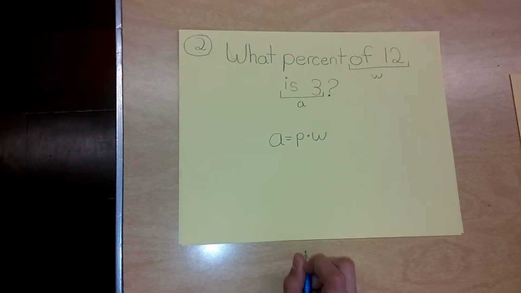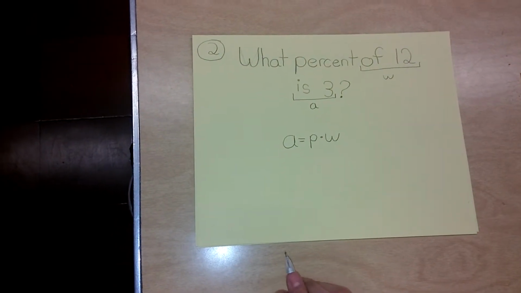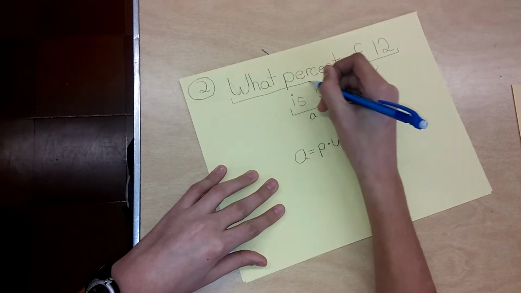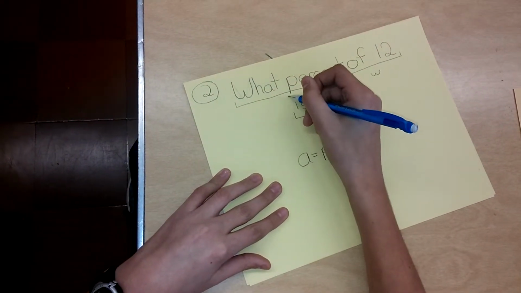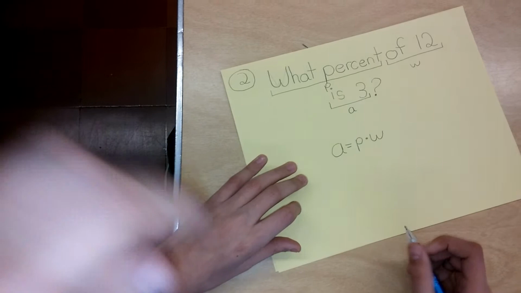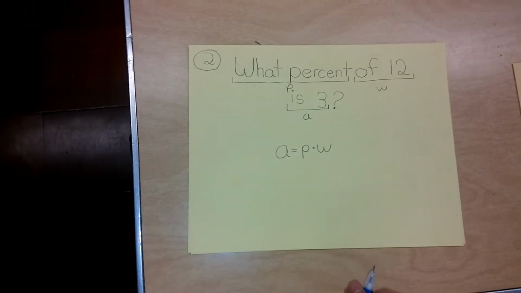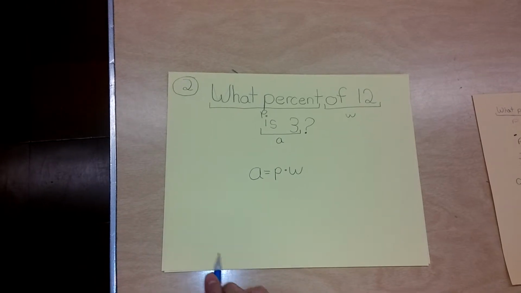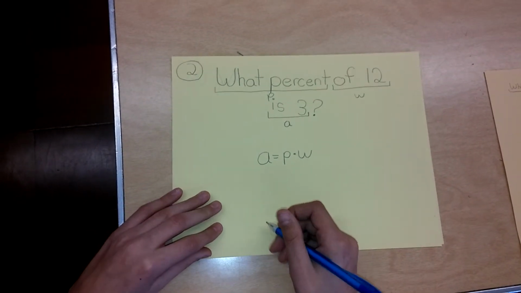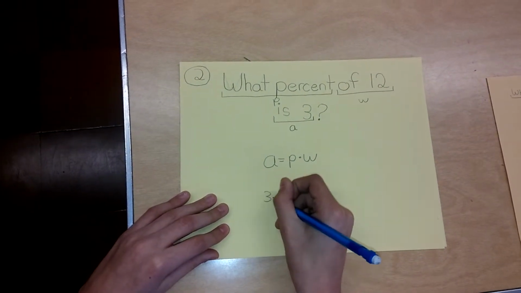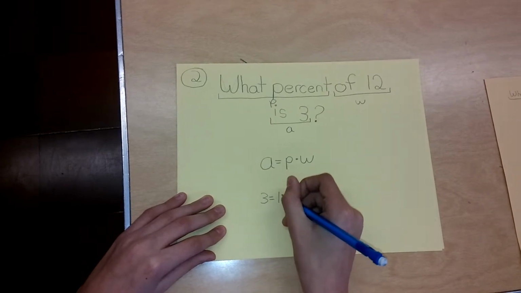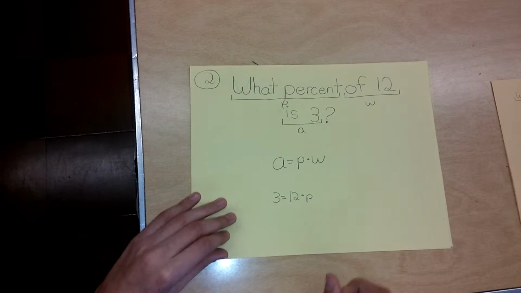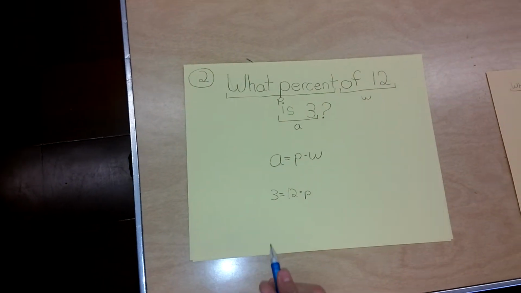And obviously P is the percent, so you would underline what percent is in the problem, so that would stand out as P. Then let's start setting up into steps. A we already know is 3, so we would write 3 equals 12 times P.